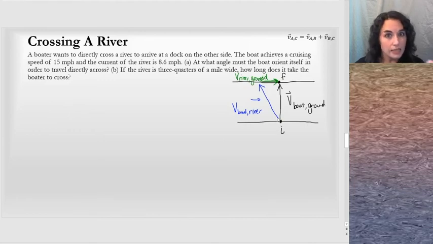The velocity of the boat points in that direction. So as it goes across the river, that boat will be oriented into the current the whole time as it travels across there. Does that make sense? It points its motor into the current that whole time, and it ends up going straight across.